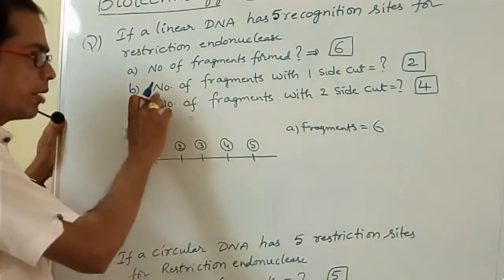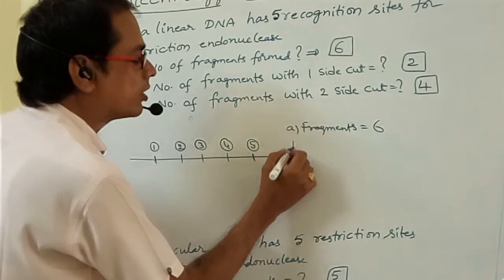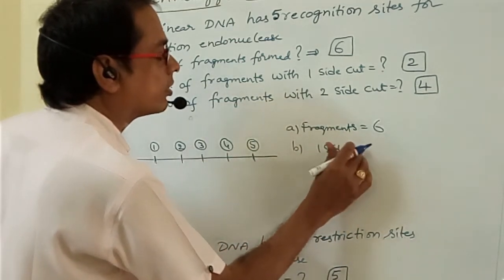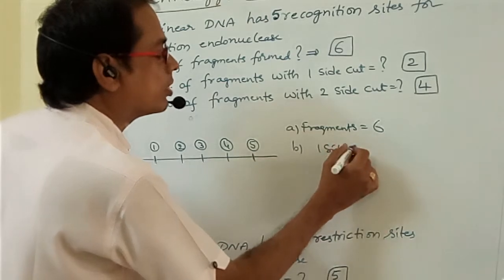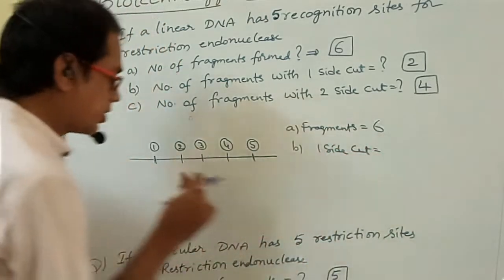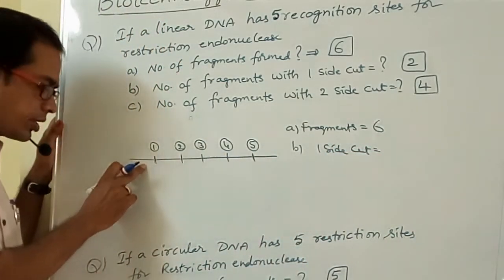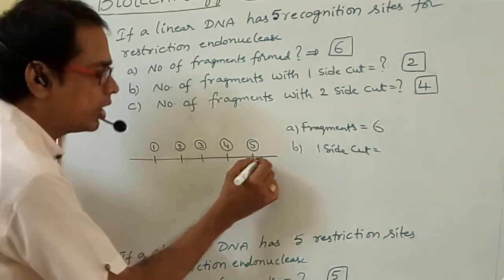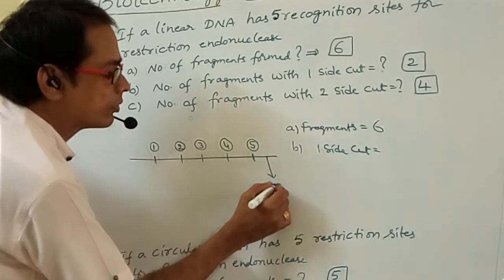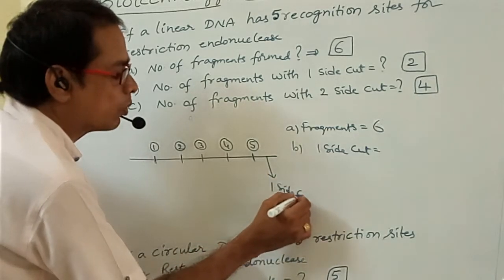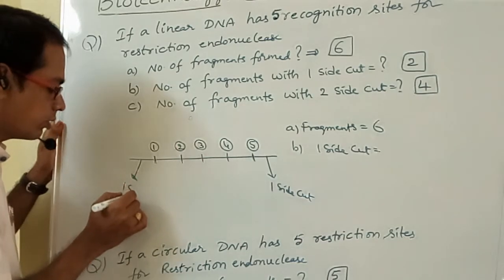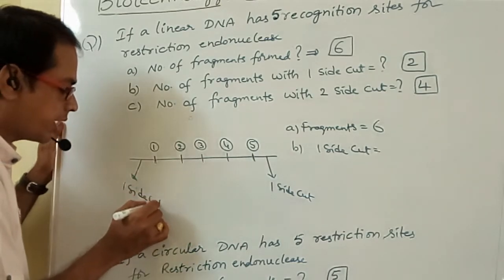So fragments is equal to 6. Number of fragments with one side cut: see, this fragment has this side no cut, this side cut. This is one side cut. This is also one side cut.